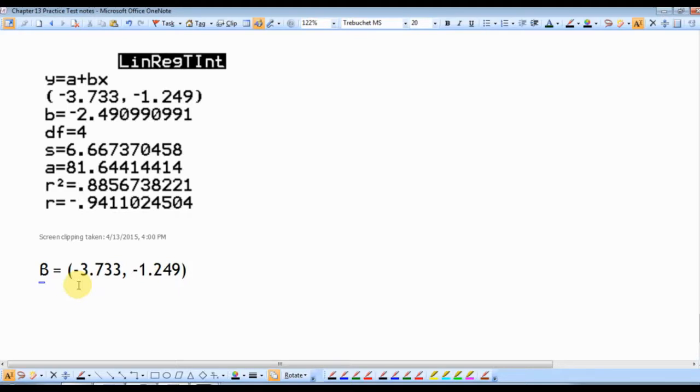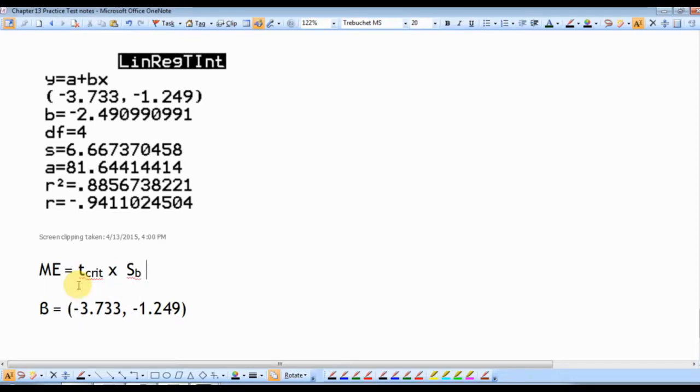Okay. Can you go over what we'd have to write if they wanted us to write everything out? Or we don't really need to do that? You would have to get the margin of error. The margin of error is going to be equal to t critical times SB. We don't have SB.